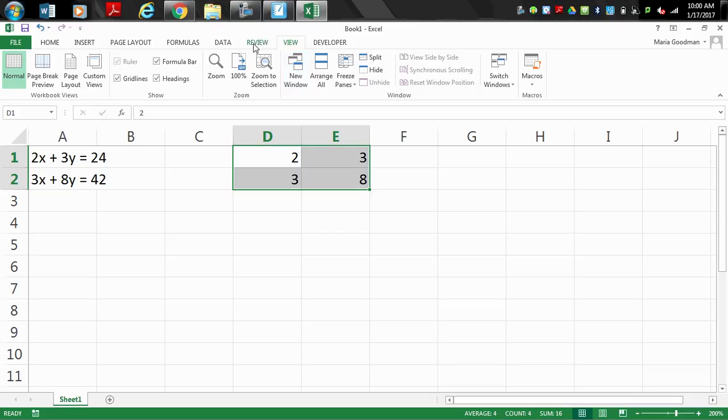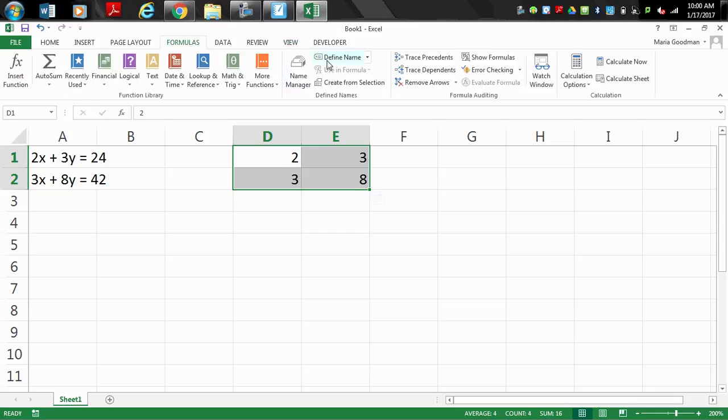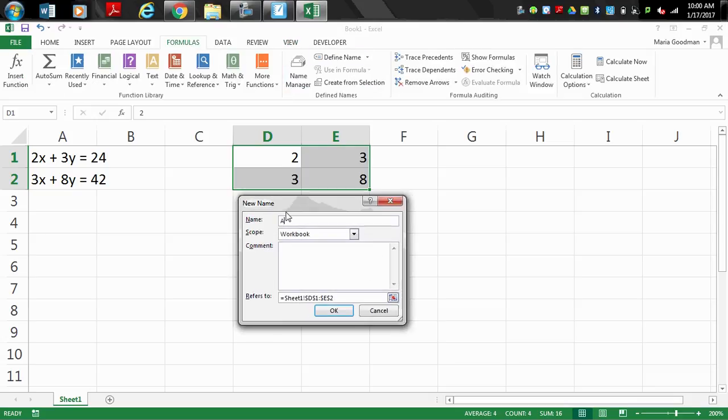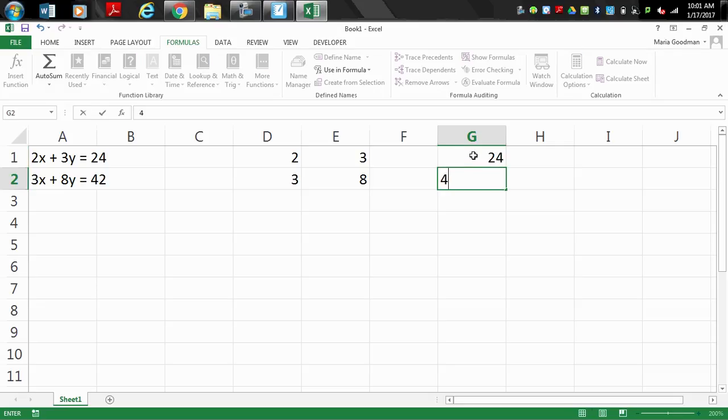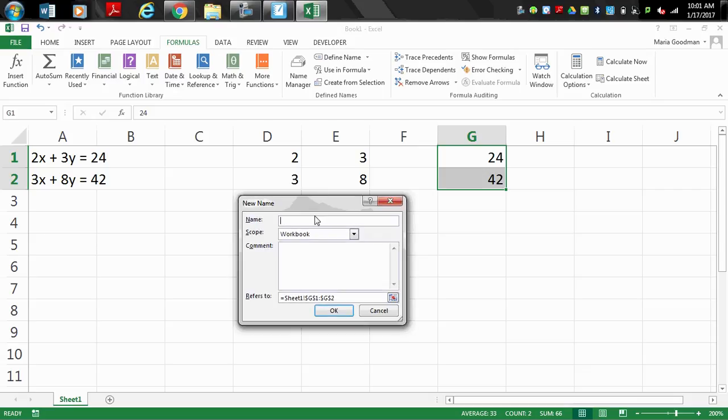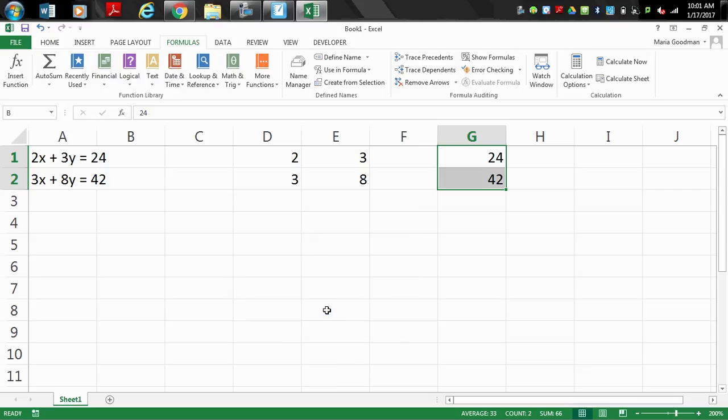Formulas, define name, A. Then you do matrix B. 24, 42. Formulas, define name, B. So you have made the matrices, and you've defined the names.